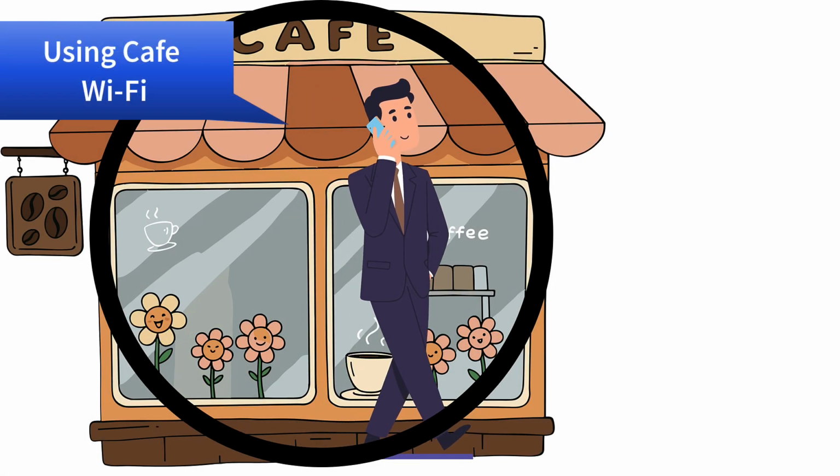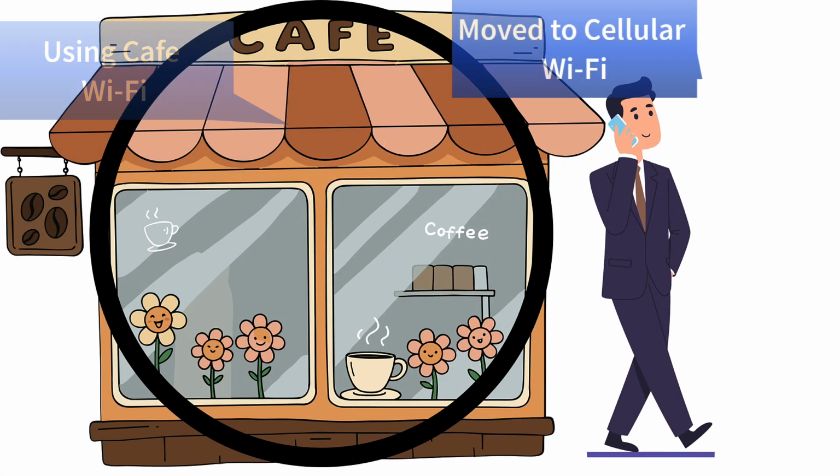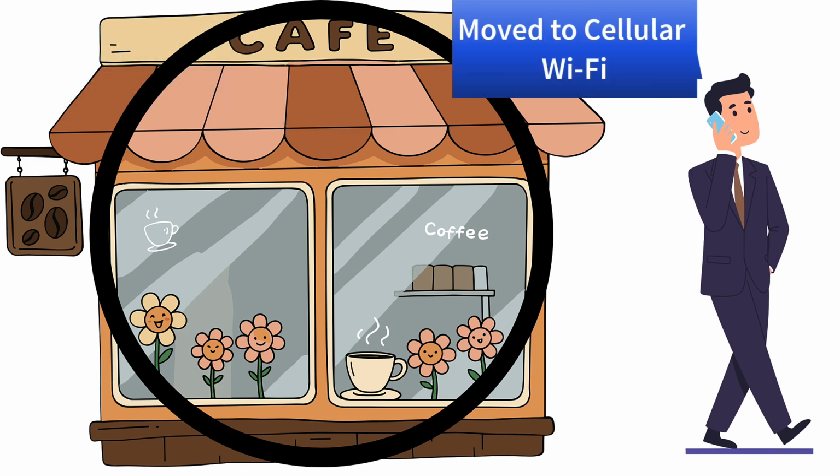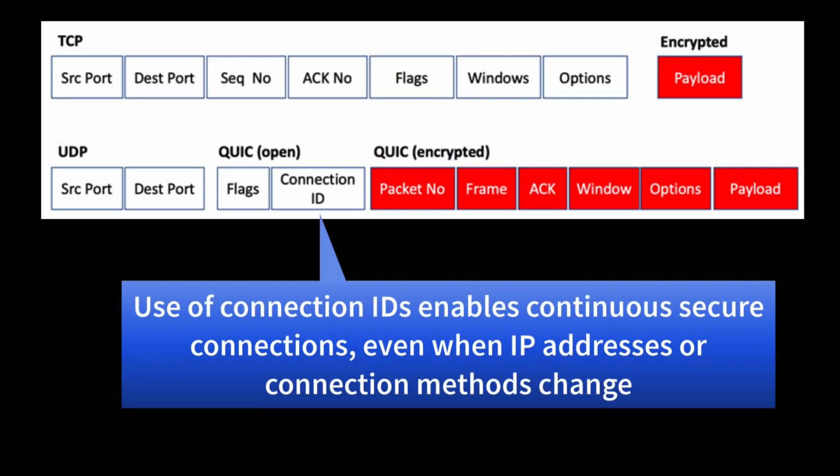Mobility breaks old assumptions. When you walk from a cafe to the street, your device's IP changes. In TCP land, that usually means the connection dies and must be rebuilt. QUIC solves this with connection IDs, a stable identifier decoupled from the 5-tuple of IPs and ports.